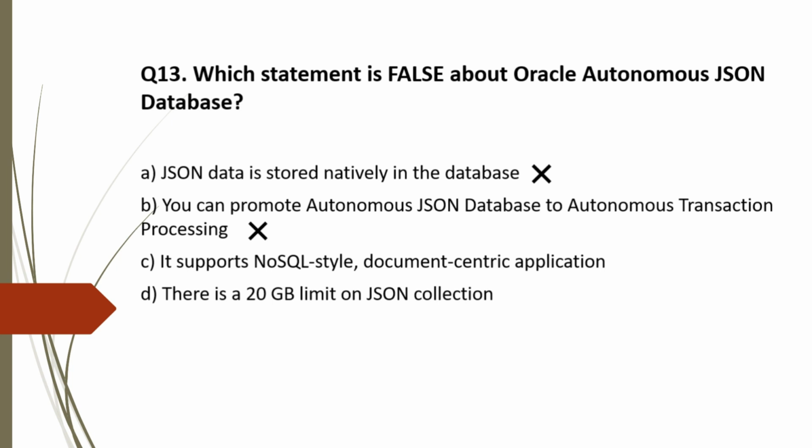Yes, this supports NoSQL applications, so this is an incorrect choice. Option D, there is a 20 GB limit on JSON collection. This is wrong. There is a 20 GB limit for data other than JSON documents, but for JSON documents there is no limit. So this is correct. So the correct option for question 13 is option D.